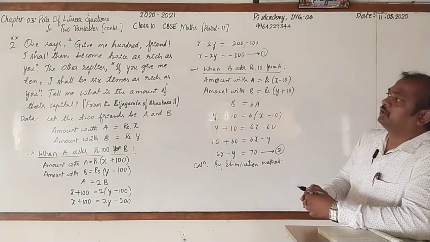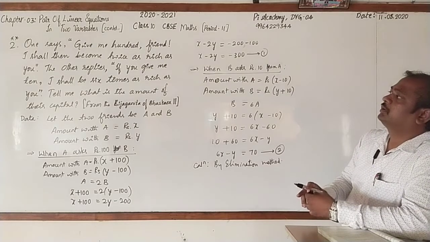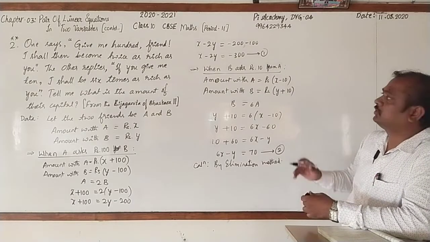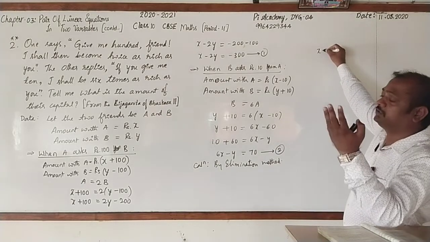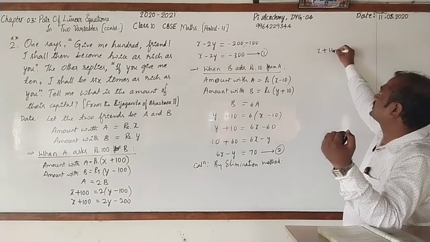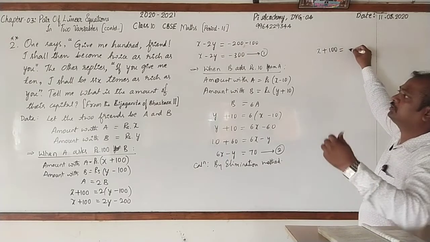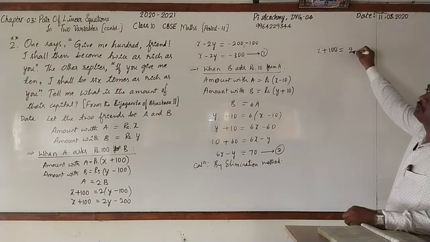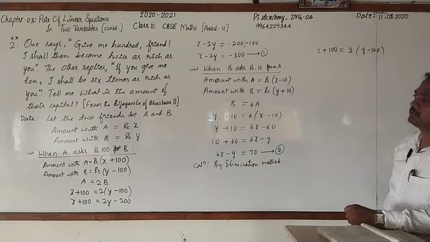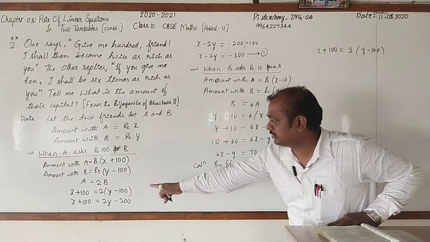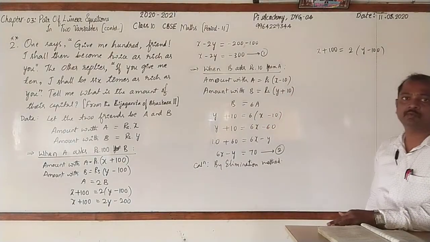Give me 100, friend, then I shall become twice as rich as you. That is, A will take 100 rupees, so X plus 100 is equal to 2 into Y minus 100. See, same here: X plus 100 is equal to 2 into Y minus 100.